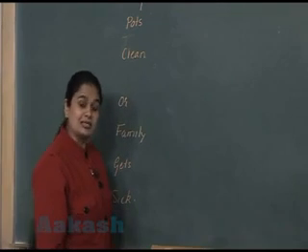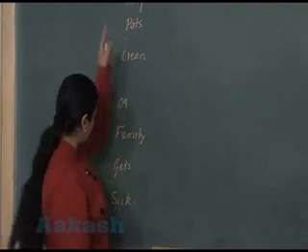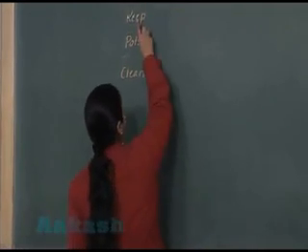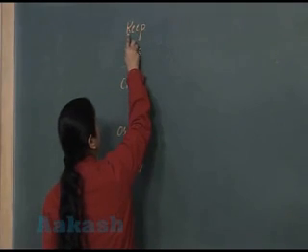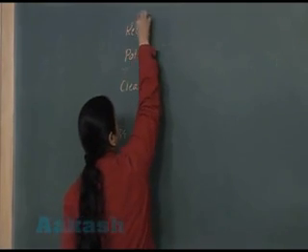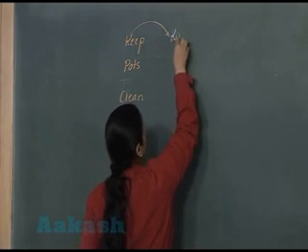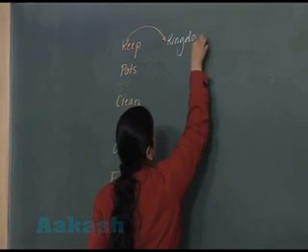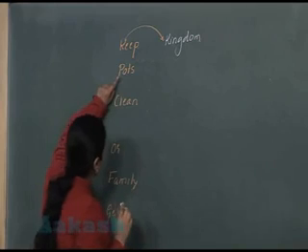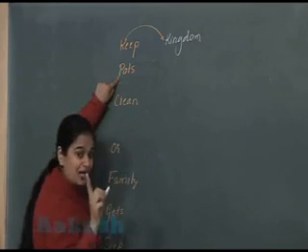So let's write these 7 obligate categories with the help of this. The first one is kingdom, starting from K. Second one, starting from P, is phylum.